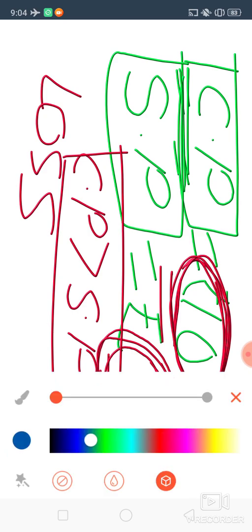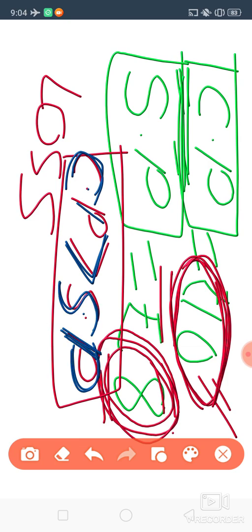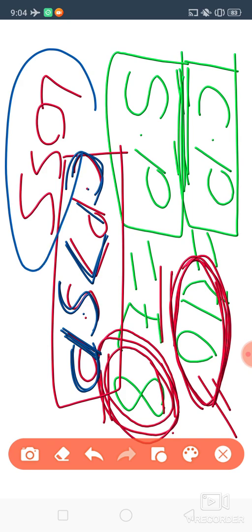When CP is greater than SP, it means you are buying at a higher price and selling at a lower price, then there will be loss. Obviously you are getting back less money, so you will be in loss.